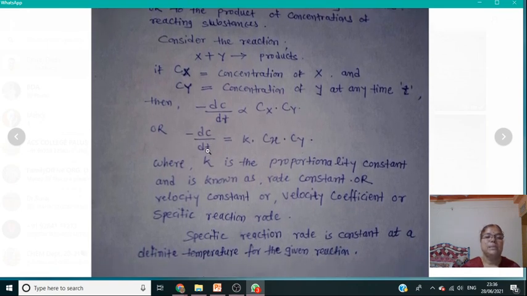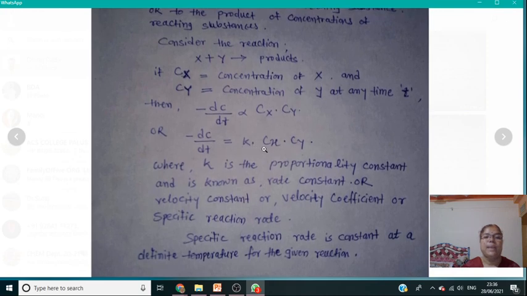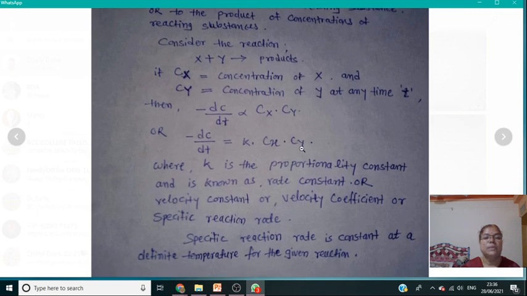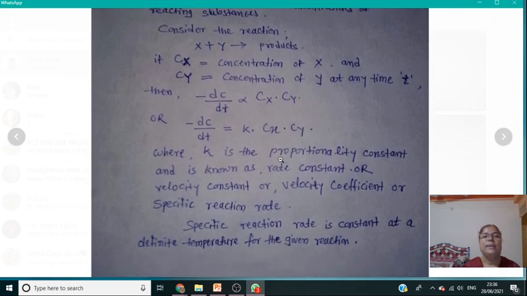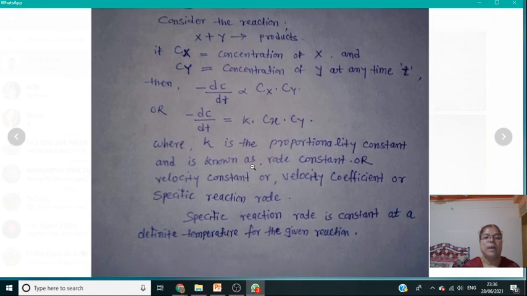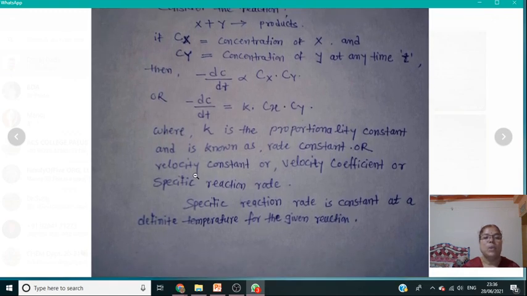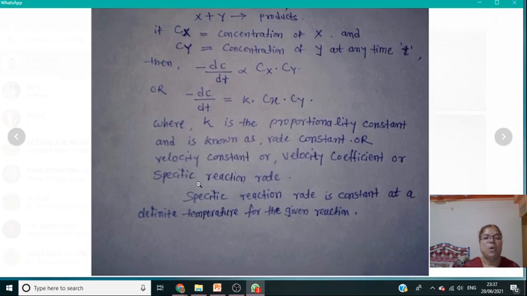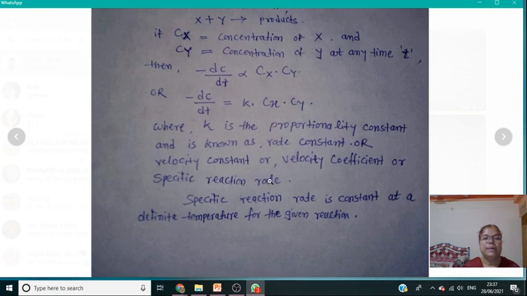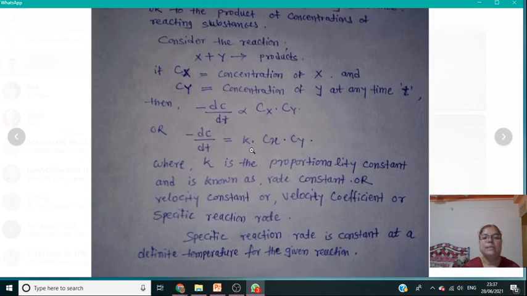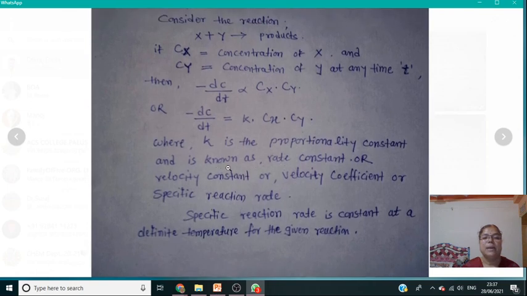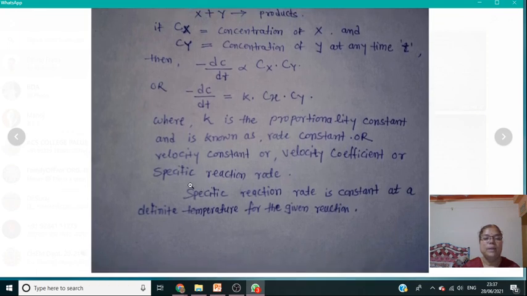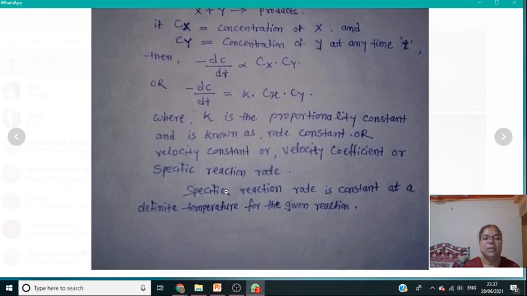Or minus dC by dt is equal to K into Cx into Cy, where K is the proportionality constant and is known as rate constant, velocity constant, velocity coefficient, or specific reaction rate.